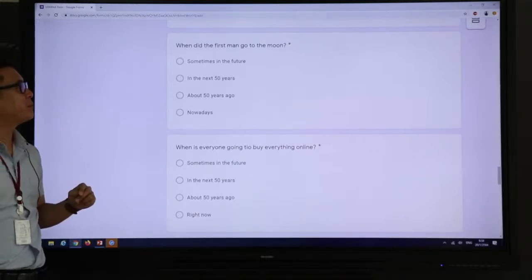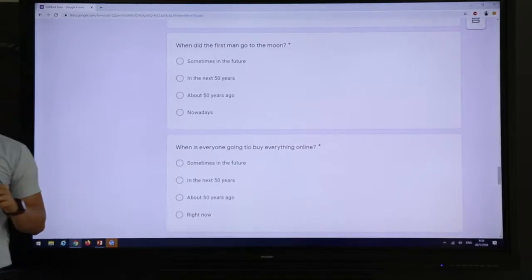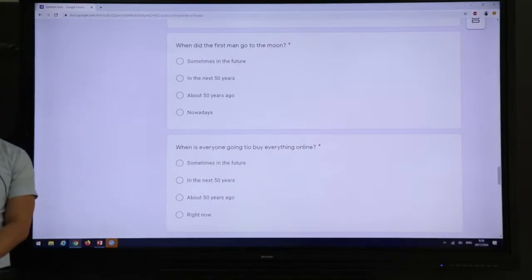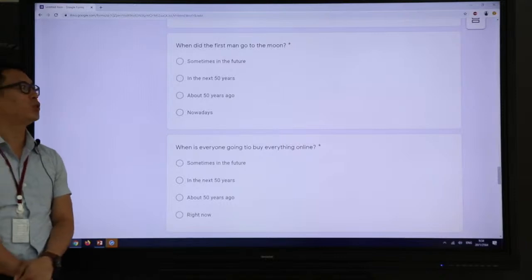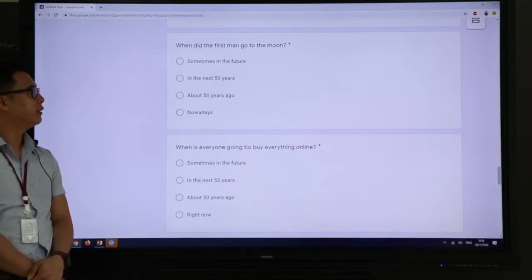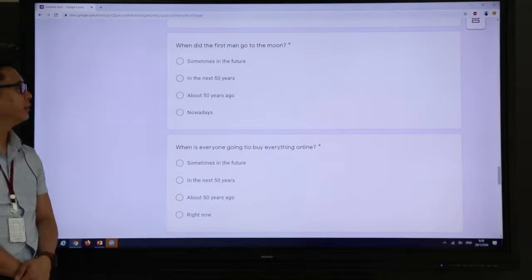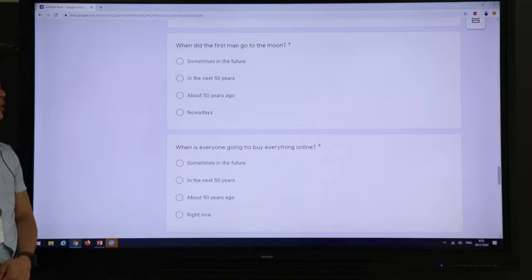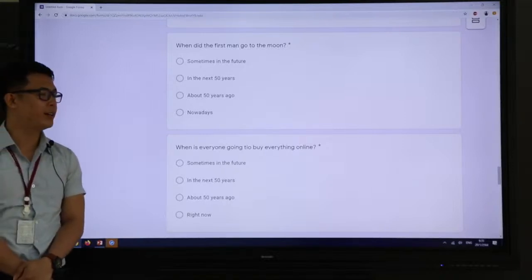When did the first man go to the moon? Okay. Identify again if it is about the past, present, or future. Sometimes in the future, in the next 50 years, about 50 years ago, or nowadays.